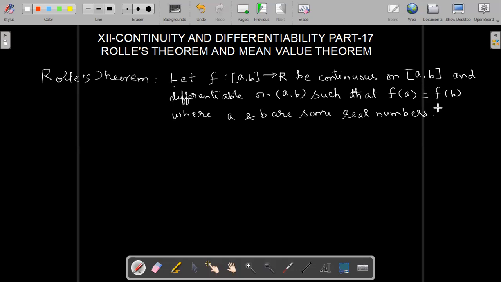Then there exists a point c between a and b.